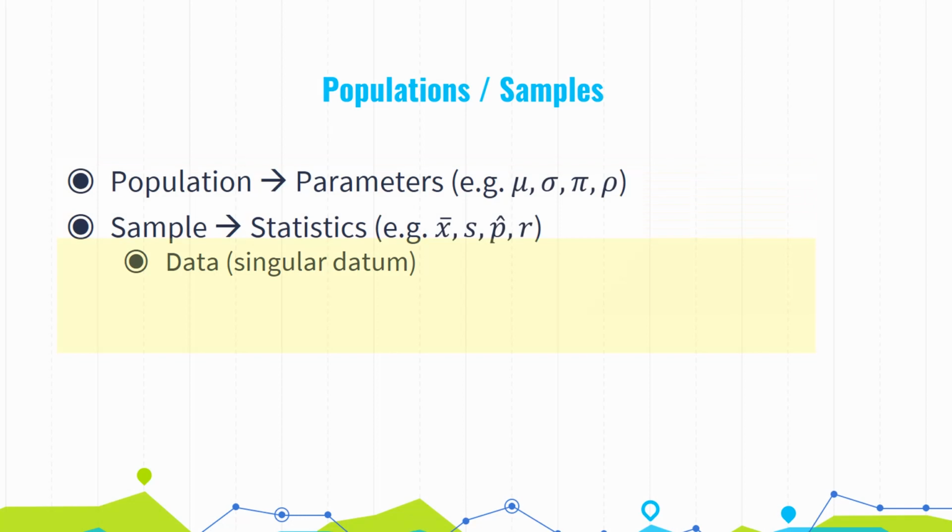So a key thing to remember is that when we're looking at a population, we're interested in what are called parameters. These are oftentimes going to be signified by Greek letters. The Greek letter mu signifies the population mean. Sigma signifies the population standard deviation.